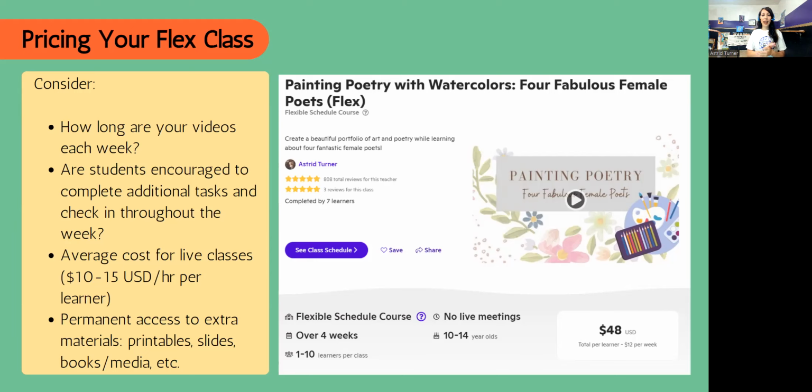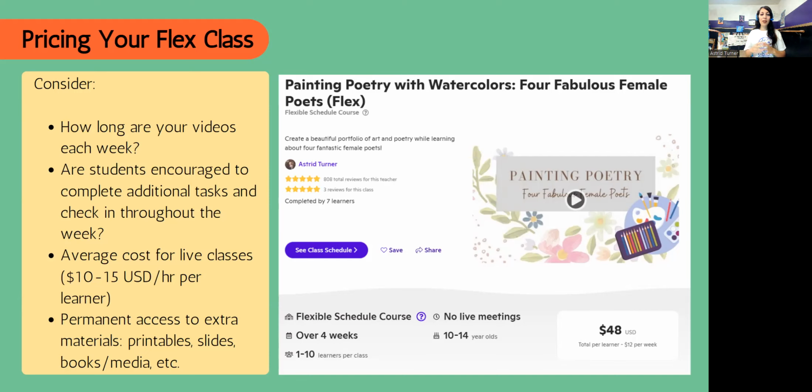As parents are scrolling through, they'll see this class where we're going to go over 4 fabulous female poets every week. But while they're reading my description, they're noticing that I have all these extra activities like the scavenger hunt, the trivia game. I have different assignments for them besides the painting. They're assigned to comment on another learner's painting too and find something that they like about it.